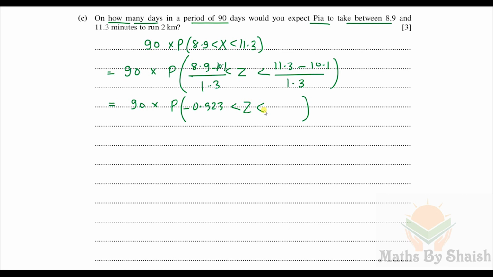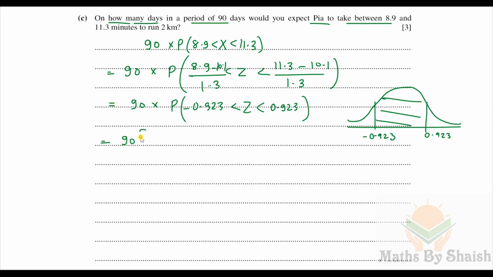This value is again the same but with the positive sign, 0.923. And if you see from the diagram, we'll get it easily. This value is minus 0.923 and the same with the positive value 0.923, and we want this probability, and this is going to be phi of 0.923 minus phi of minus 0.923.